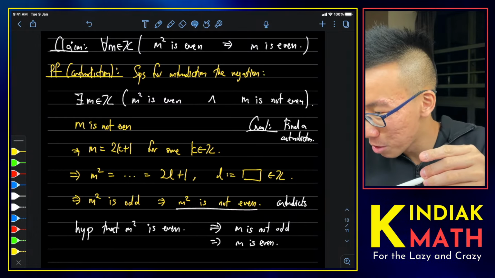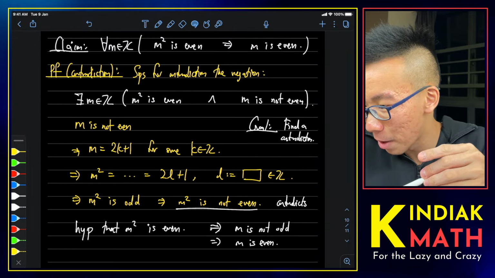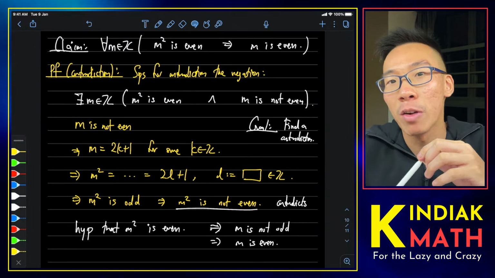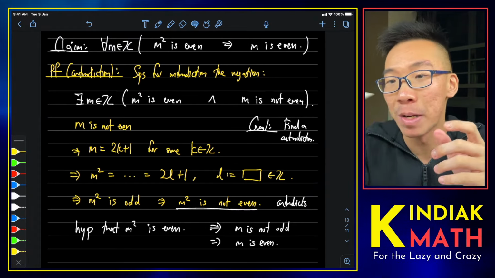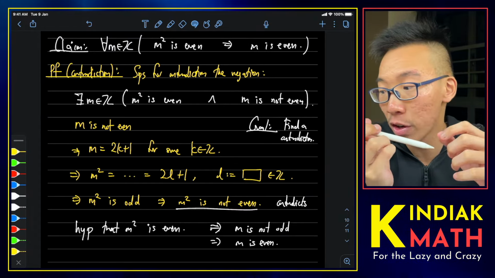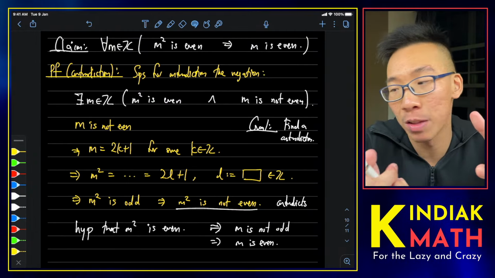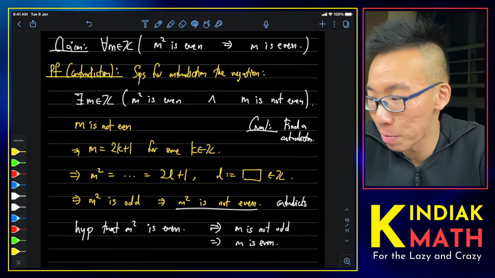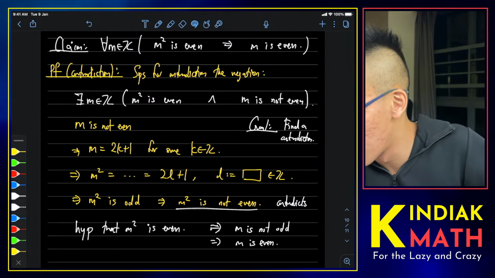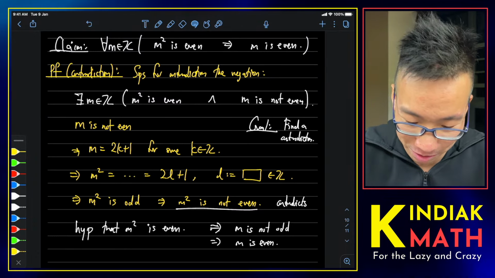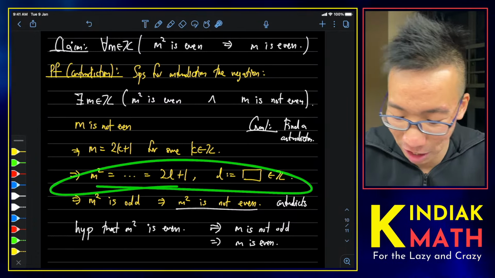Okay, here's one. Which one do you suggest to try? I would usually suggest, remember, for contrapositive, we are working with implications. So if your problem is not an implication, then you have to try contradiction if you can't do it directly. Please show the algebra. I'm not doing this in the interest of time.